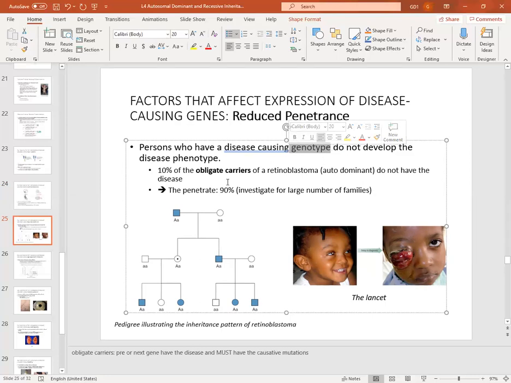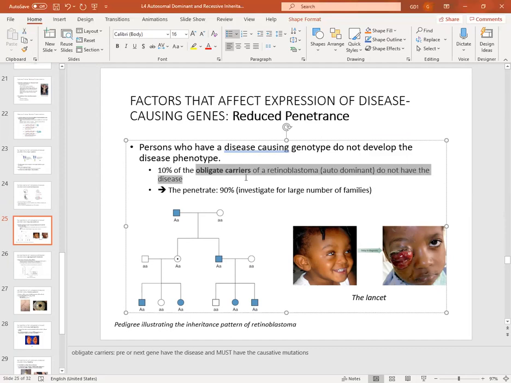Here we have the disease retinoblastoma. That is an autosomal dominant disease, and it makes cancer in your eyes. But in a big investigation in a big population, scientists identified about 10% of obligate carriers.